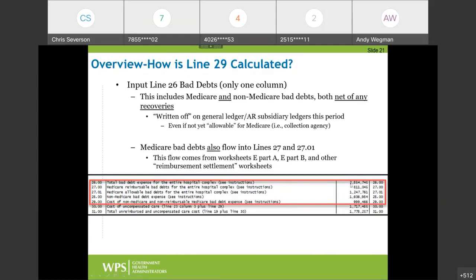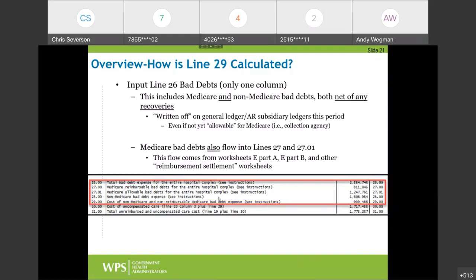So the idea is 2.8 million, and hey, apparently 1.2 million was already reported in total on E-Part A, for example. So that tells us that there must be about 1.6 million of non-Medicare bad debt expense.